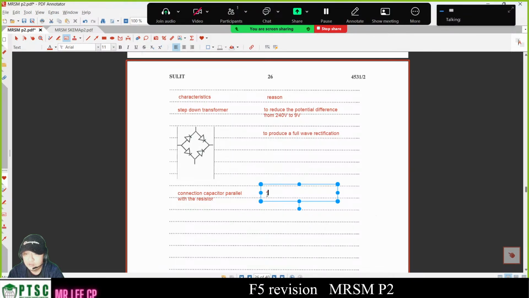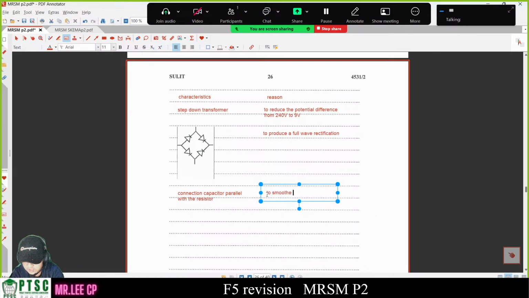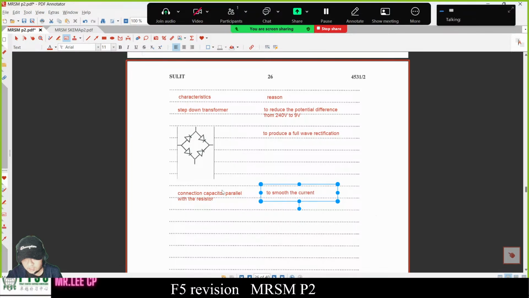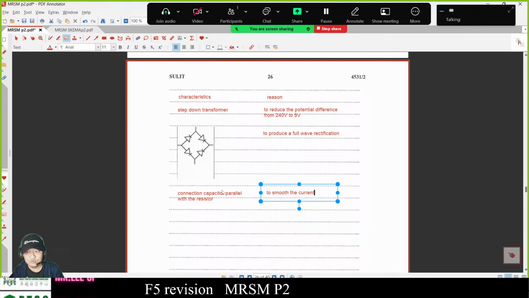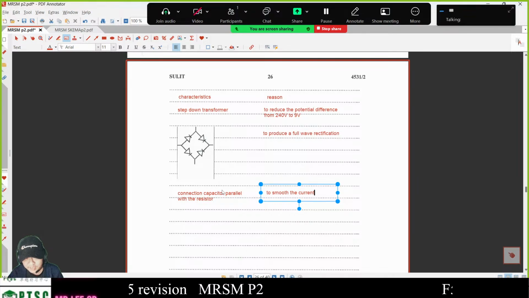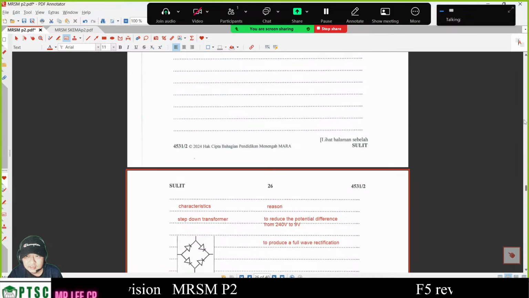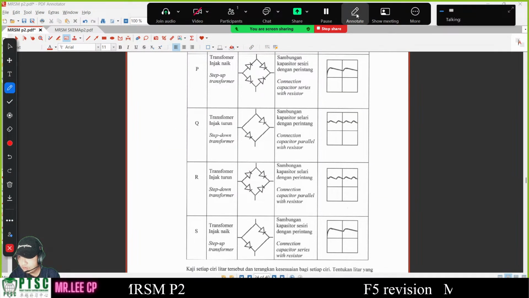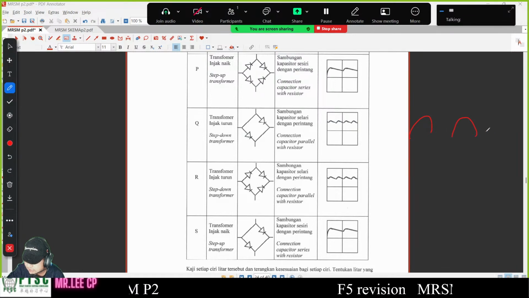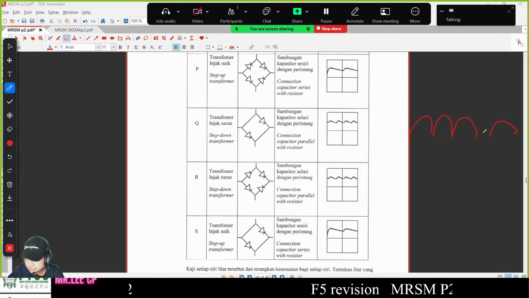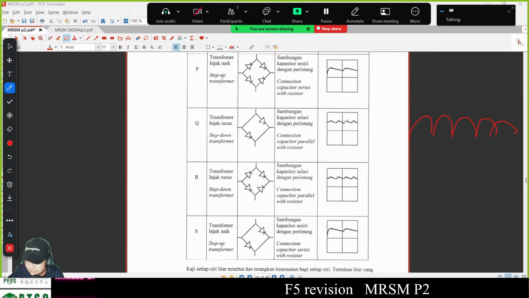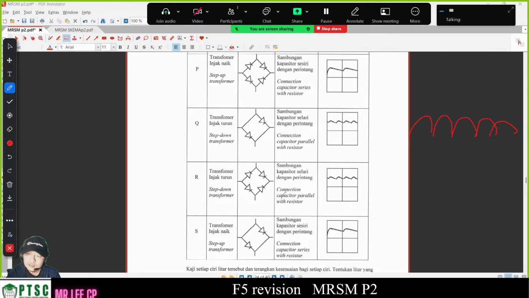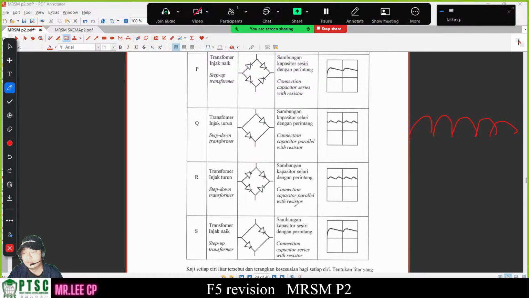To smooth the current. The capacitor is added to smooth the current, to make the light steady. If you don't add the capacitor, it will look like this. If you add it in, it will look like this.